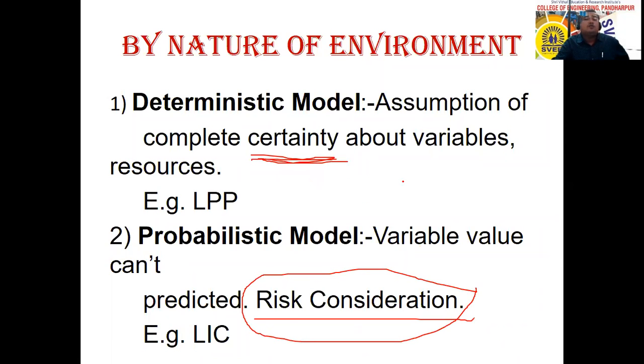Certainty means what? Assumption of complete certainty about variables and resources. Let's take an example. In industry, the production is going on.